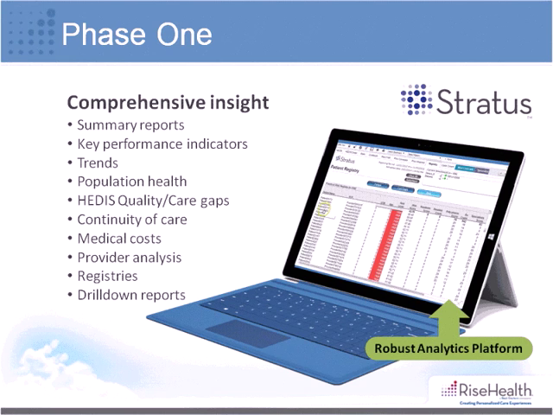Key performance indicators. Our key performance indicators and our risk are tightly linked, and what we found is that providers find it very interesting as they start to see how many admissions and readmissions they have, and then look at things like, well, my quality numbers are good, but access to care is more of a problem in my practice.